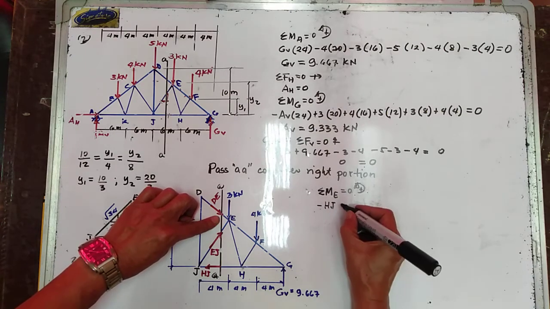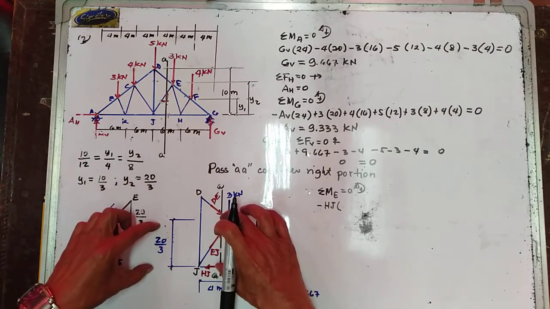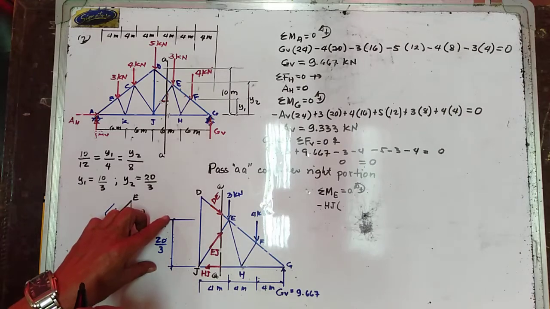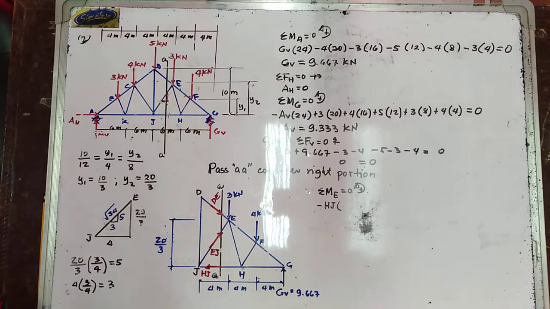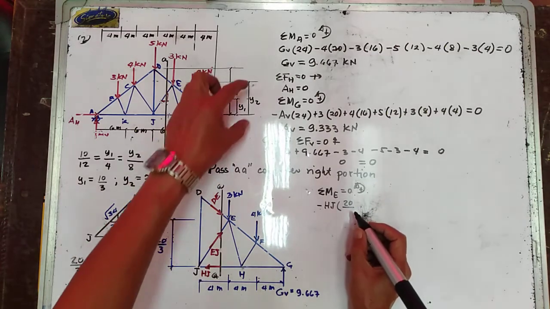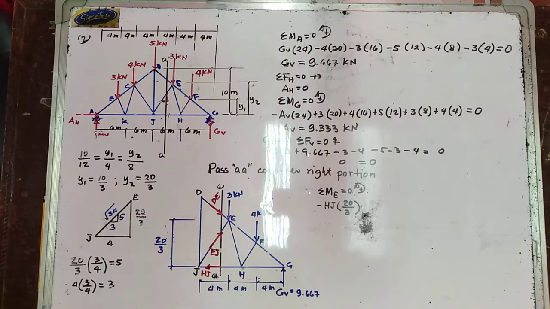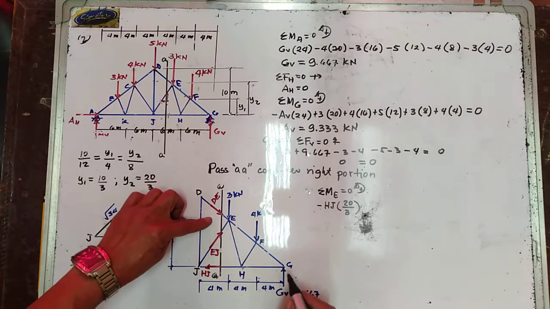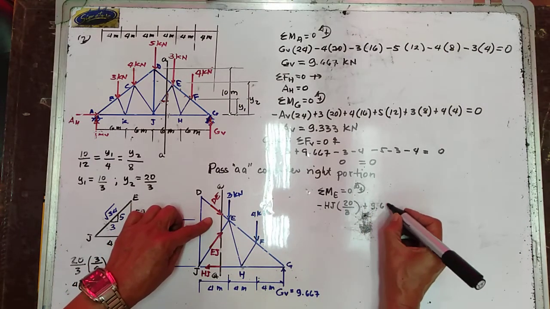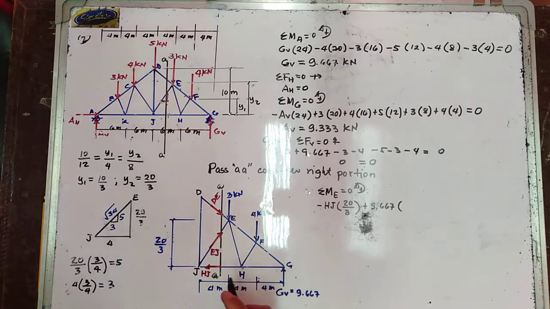The moment arm of HJ is Y2, and that is equal to 20 over 3. So we have minus HJ times 20 over 3, plus 9.667, the moment arm is 12.